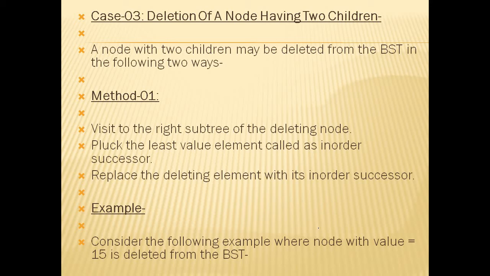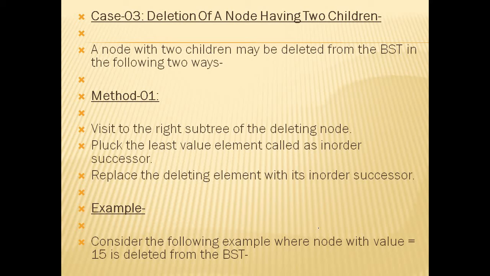When you're going to delete a node with two children, we have two methods. The first method is to visit the right subtree of the deleting node. Whatever node you are going to delete, we need to visit its right subtree, pluck the least value element, called the in-order successor, and replace the deleting element with its in-order successor.